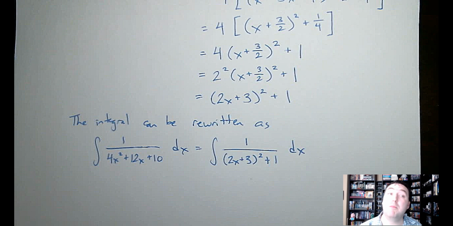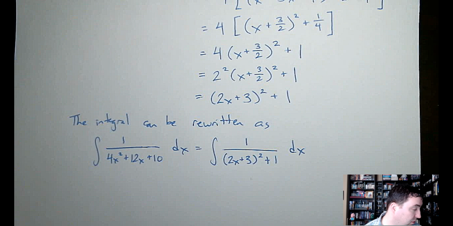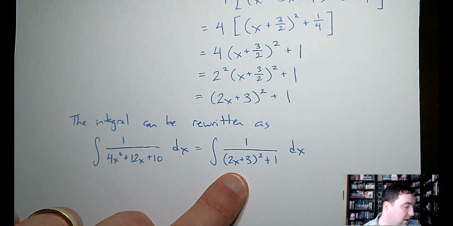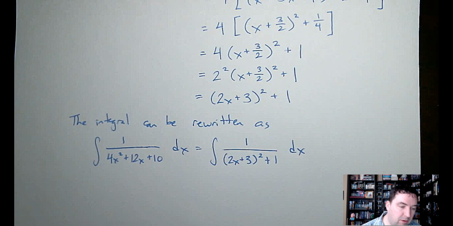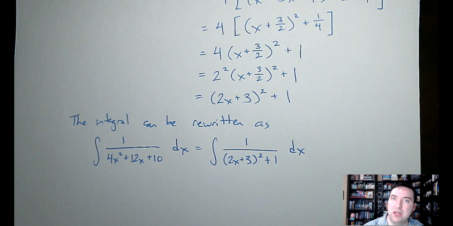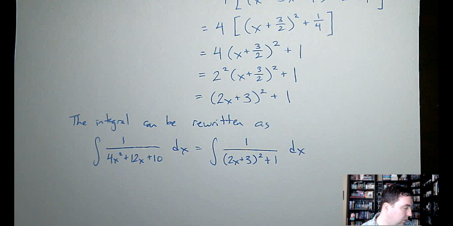And that looks a lot more like an arctangent type integral. We've got something squared plus 1. So in fact, this looks a lot like an arctangent integral where that constant k is just equal to 1, the simplest version of that integral.